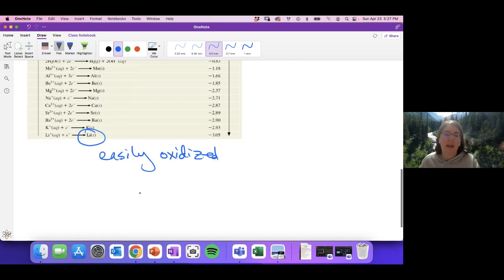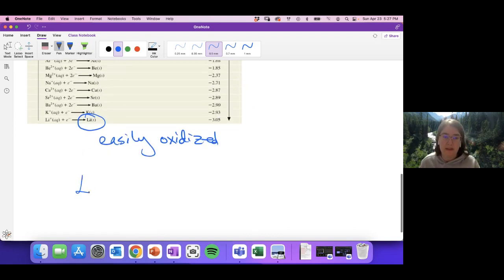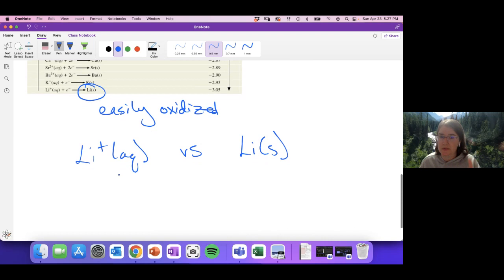Realize that lithium positive versus lithium as a solid, only one of these two things can be a reducing agent. Because when we say reducing agent, we want something that can give away electrons.